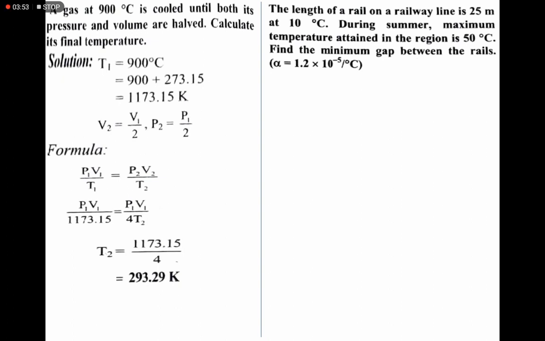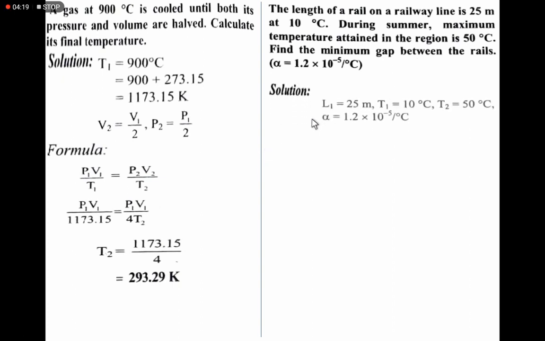Now we know that in a railway track, there is a gap between two rails. Is this gap increased or decreased? We know that metal expands when temperature is increased. So at the temperature 50 degrees Celsius, the gap between the rails has to be found out.